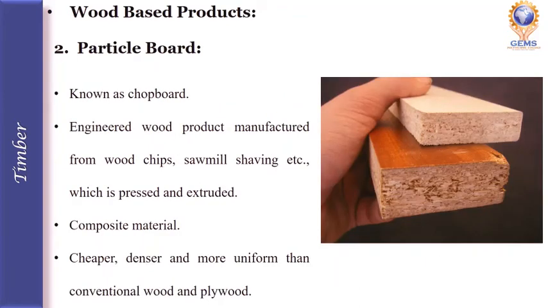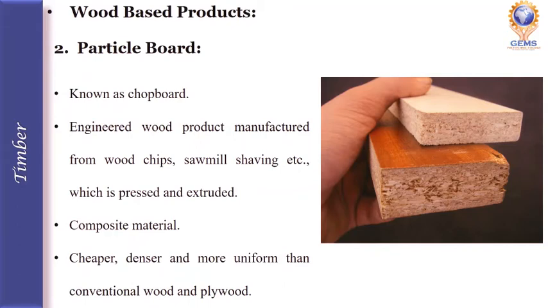The second wood-based product is particle board. This particle board is also known as chipboard. It is an engineered wood product manufactured from wood chips, sawmill shavings, or even sawdust, and a synthetic resin or other suitable binder, which is pressed and extruded.